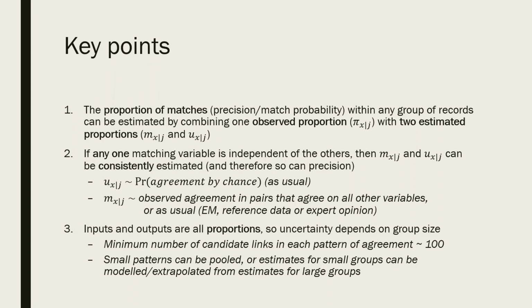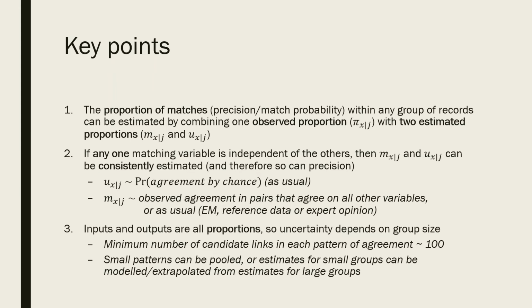And so you need to have a certain minimum number of candidate links for this to provide useful estimates of match probabilities. And just as a rough rule of thumb, I think that's about 100 candidate links. Then this approach will provide a reasonably consistent estimate of what proportion of those are matches.